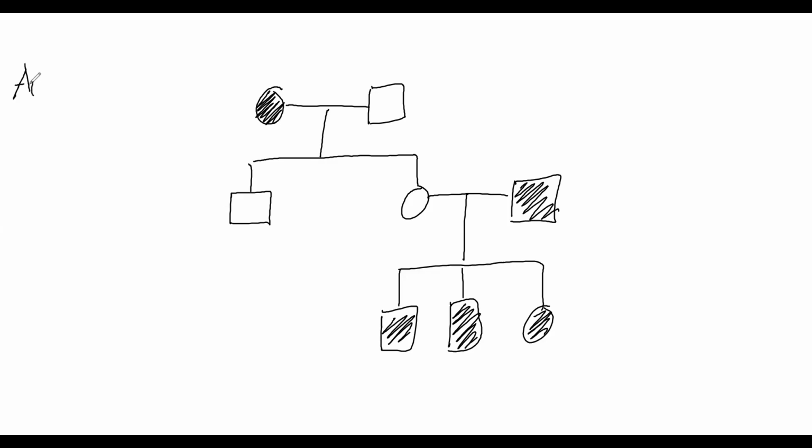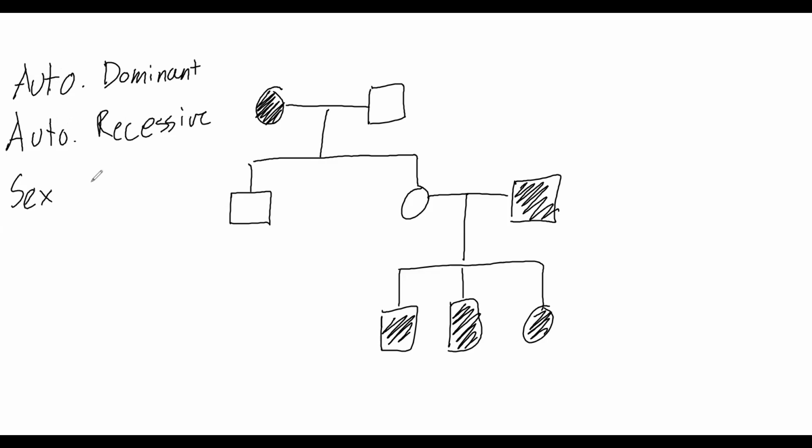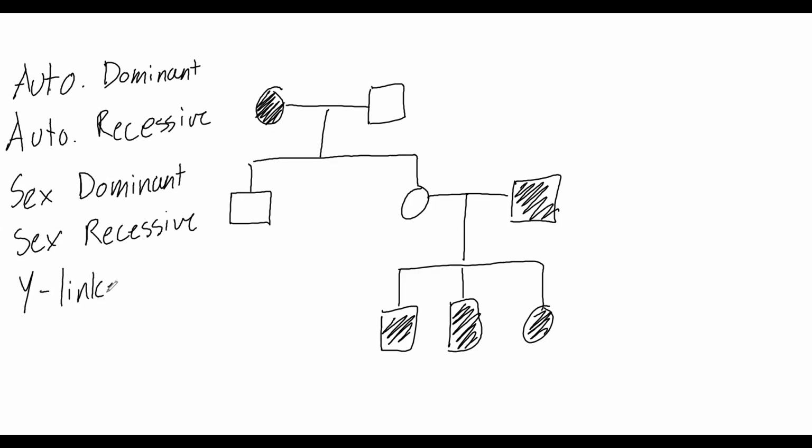Autosomal dominant, which I'm going to shorten, autosomal recessive, sex-linked dominant, sex-linked recessive, and Y-linked. So let's go over these one at a time, right?